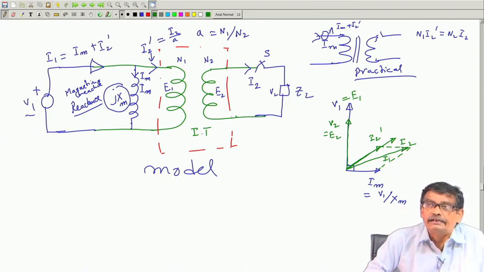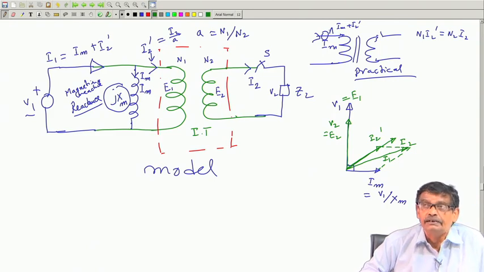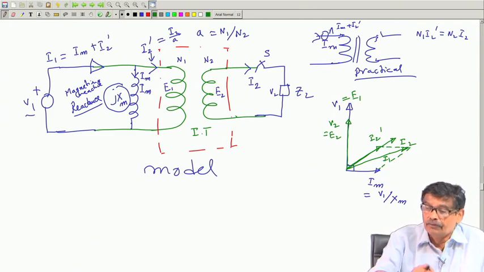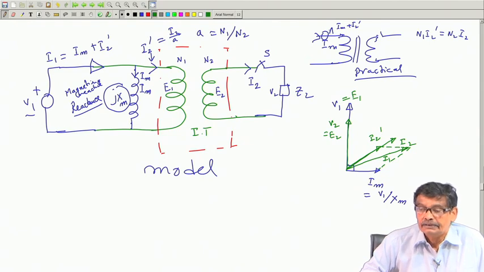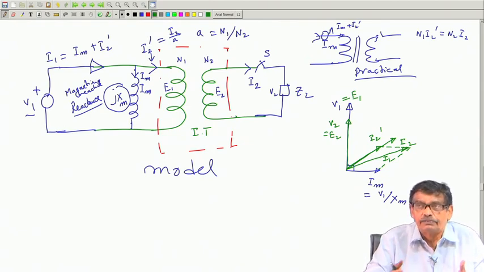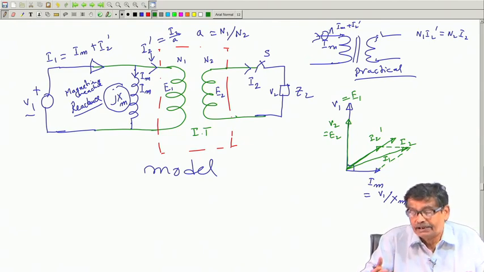Understood? This is how magnetizing current can be taken into account. It is somewhat a practical transformer, still not a full practical transformer.